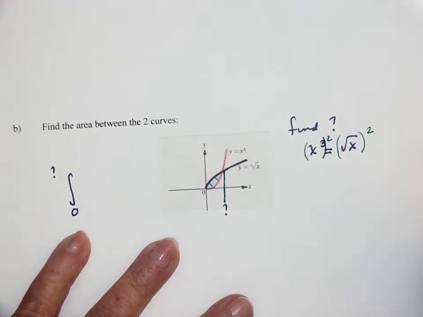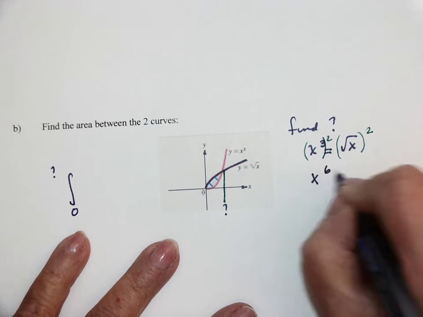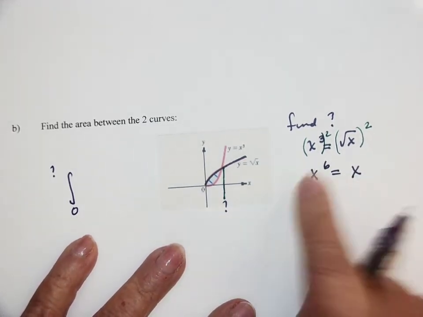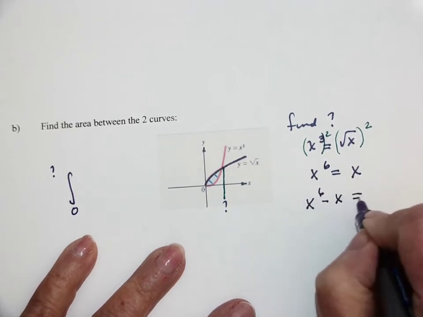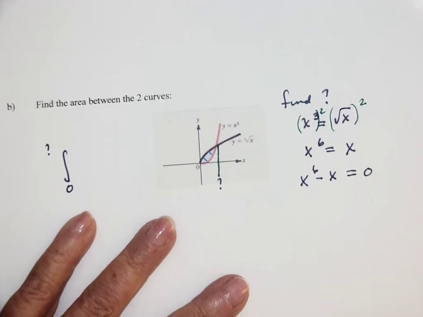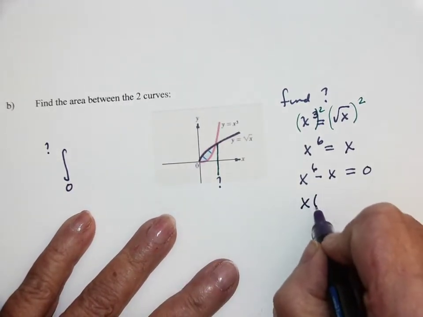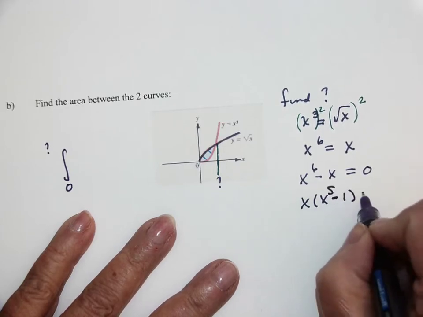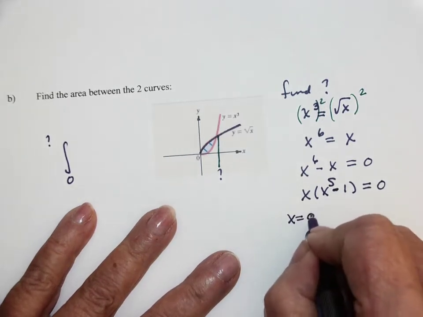Now this is not how I did it previously. This says that x to the 6th just equals x. Bring everything to the same side, 0 on the other. Greatest common factor of x. This says that x equals 0.